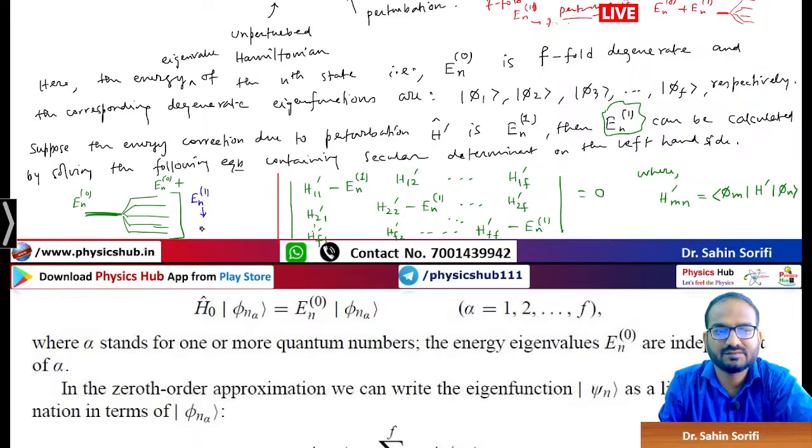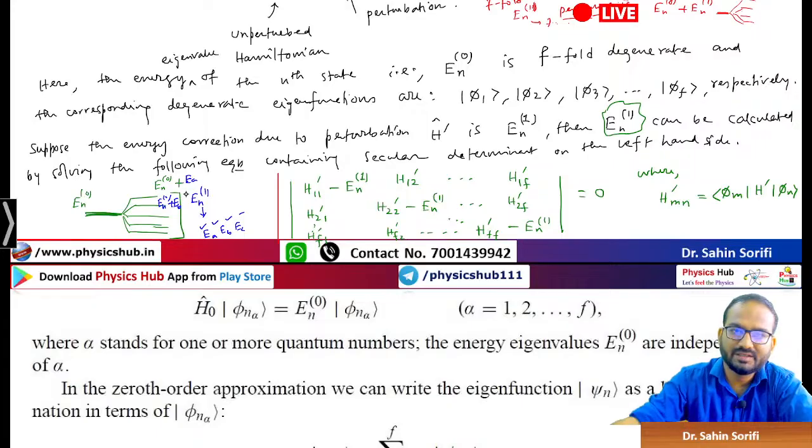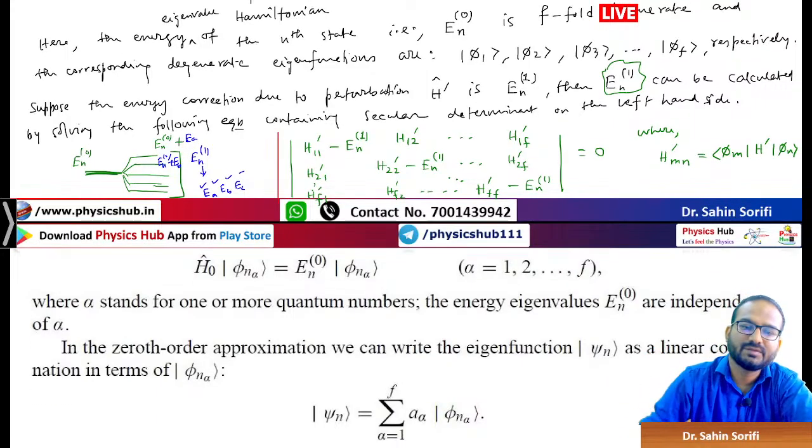For the time being, let's take 7 different values, say EA, EB, EC, ED. So En0 plus EA, then En0 plus EB. So they are different, and that is why we get different lines. Everything is understood? Now focus on this one.